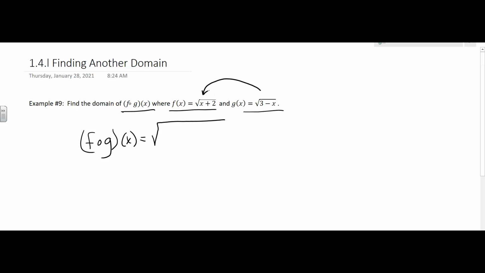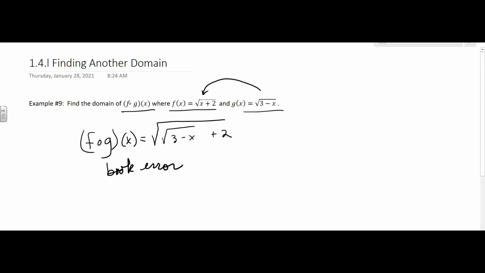So it's going to be the square root of 3 minus x plus 2. That is what the book did not write. Okay, but that's what it is. Now, that's the book error. I'm not going to worry about trying to simplify that.